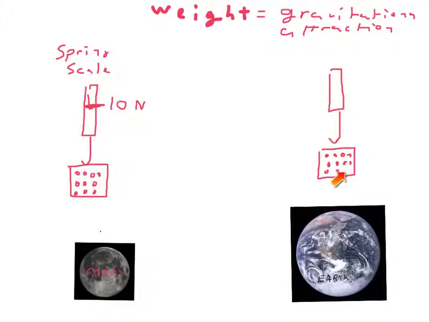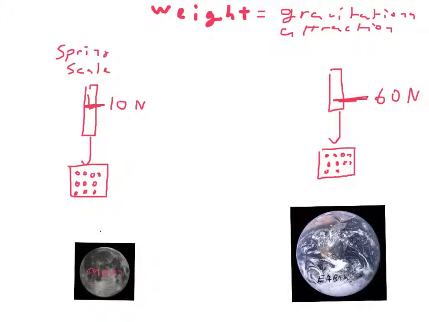There is more attraction to the earth than there is the moon, and so that spring scale might read 60 newtons now. So the weight increased from the moon to the earth, and that is because the earth has more mass, so it pulls harder on the other object than the moon does.